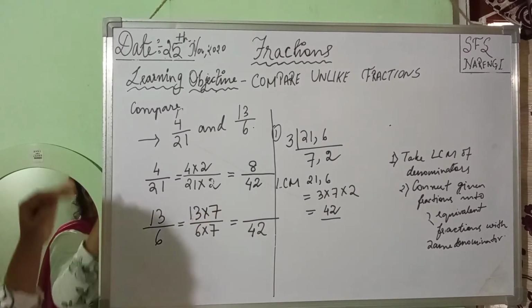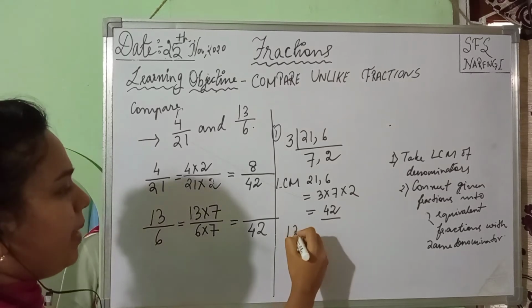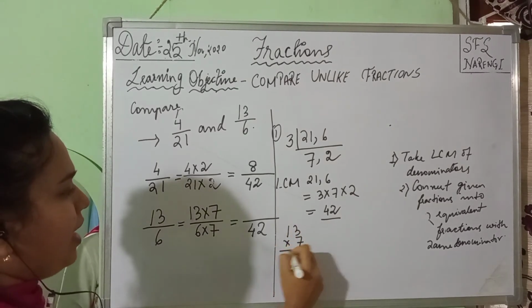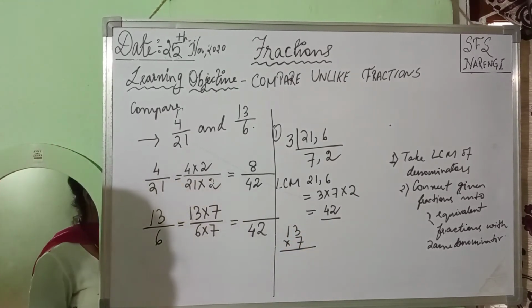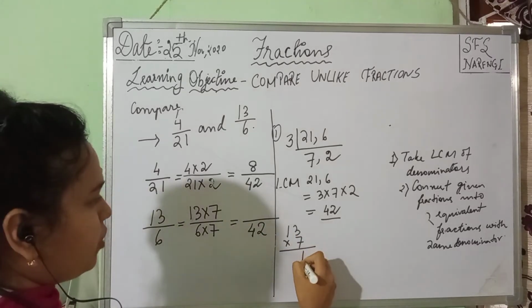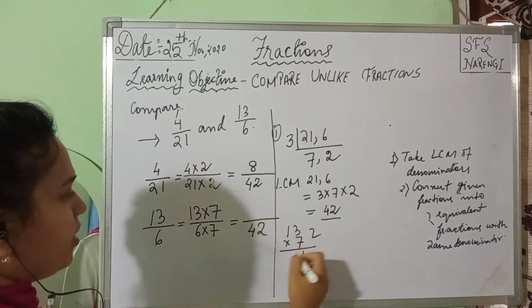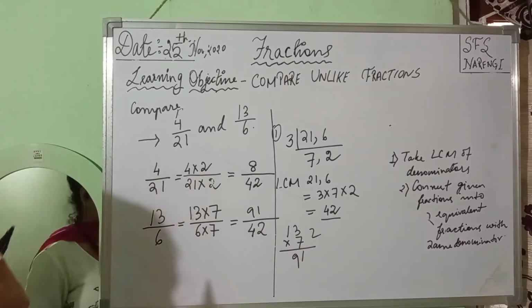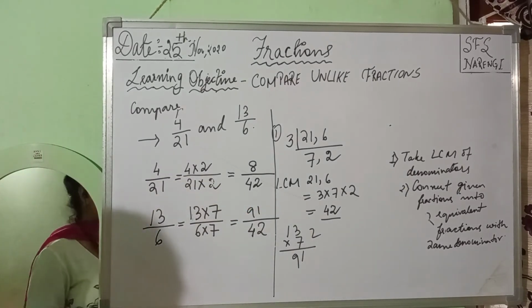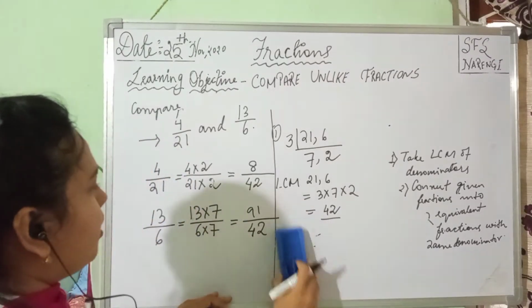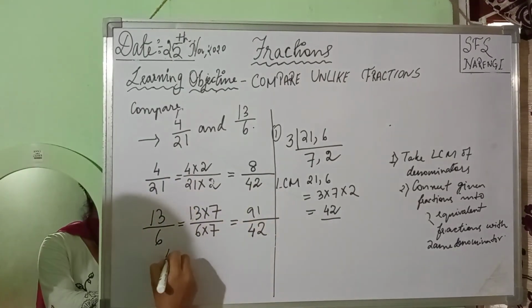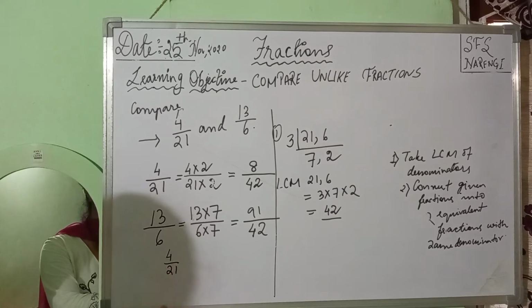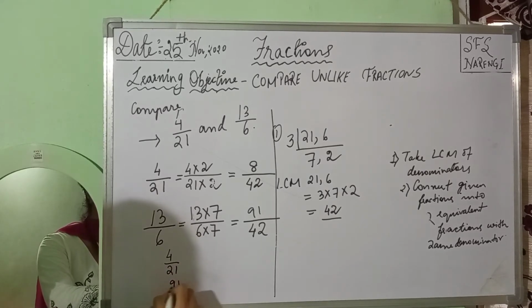So if you have to multiply 13 by 7, make a workspace and then multiply it. Okay. So 7 multiplied by 3 is 21. You have 2. So you have 91. 91 by 42.